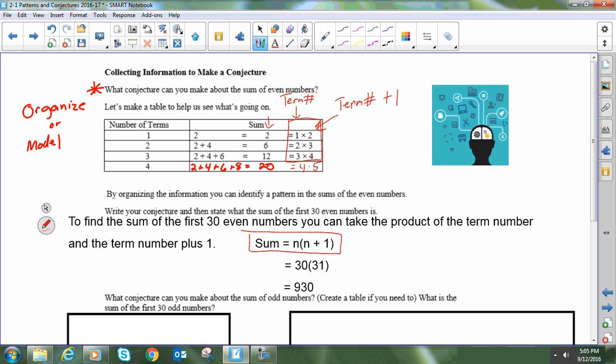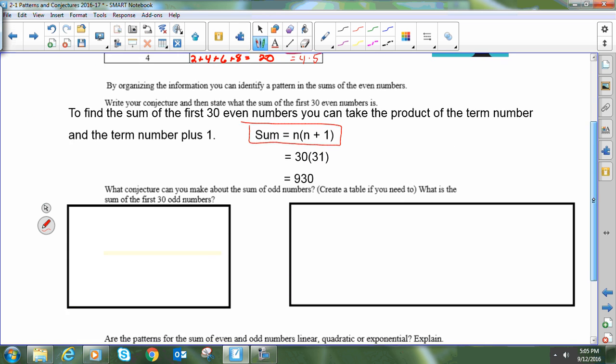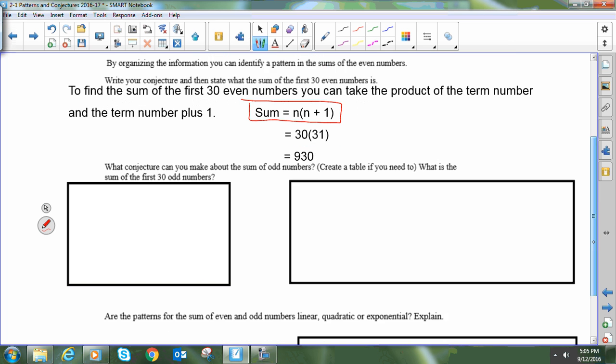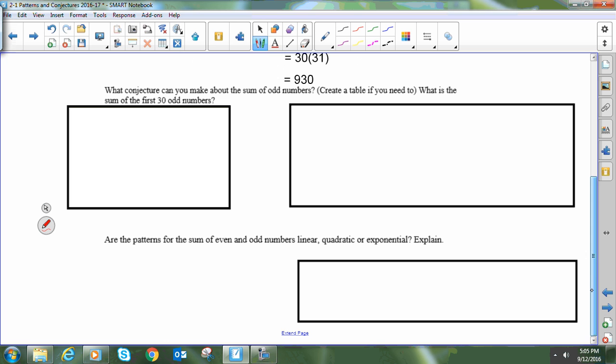Now, what I would like you guys to do is take that and see, can you apply it to something else. So on the bottom part of this paper here, you have another statement. What conjecture can you make about the sum of odd numbers?